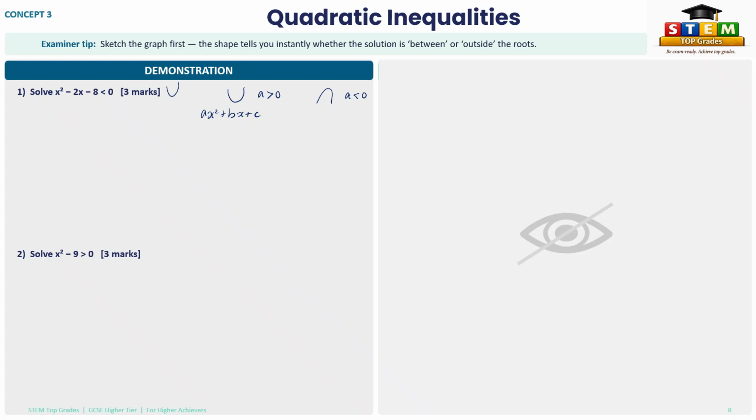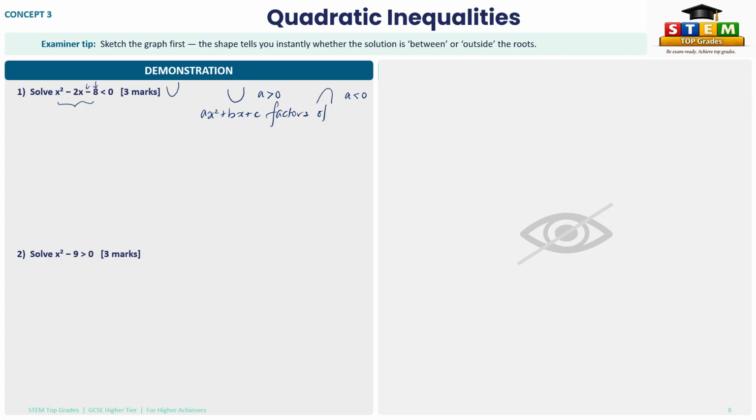The first thing that we are going to do is to find the roots for this expression. In other words, we'll have to factorize this expression. In order to factorize that, you've got to look at negative 8, so factors of 8.